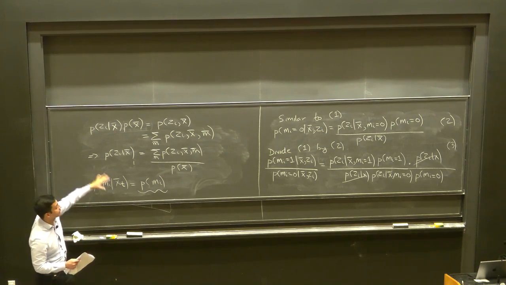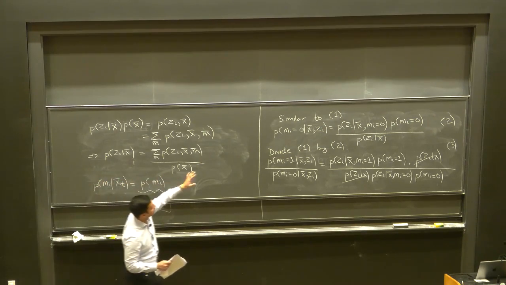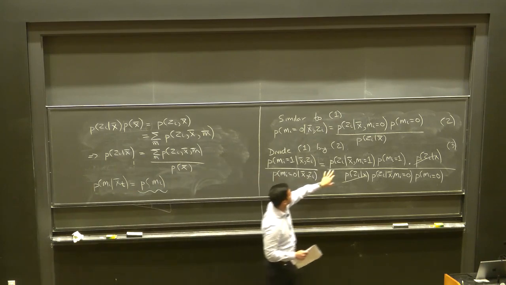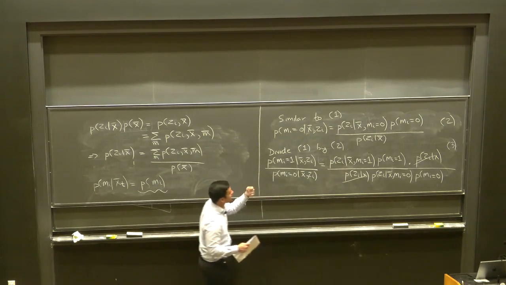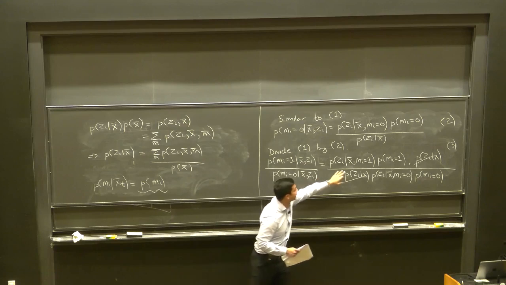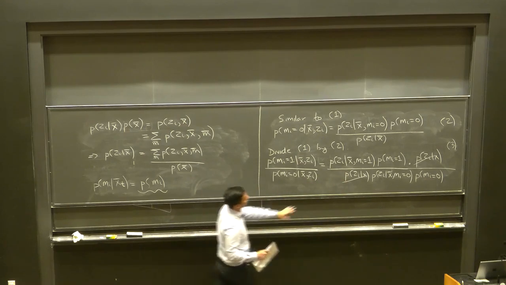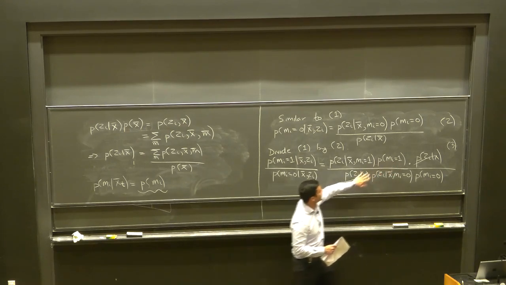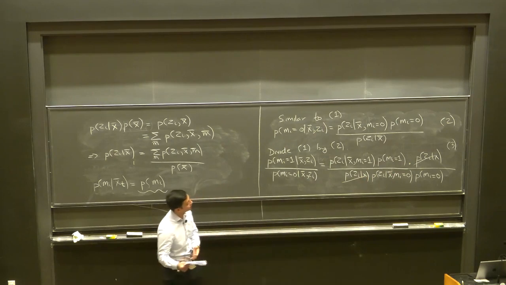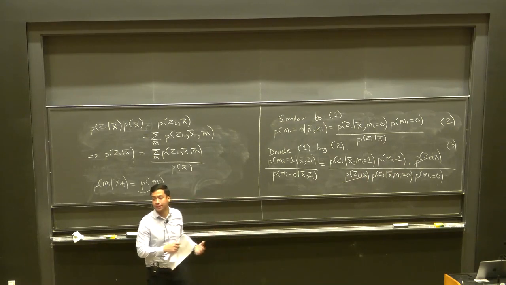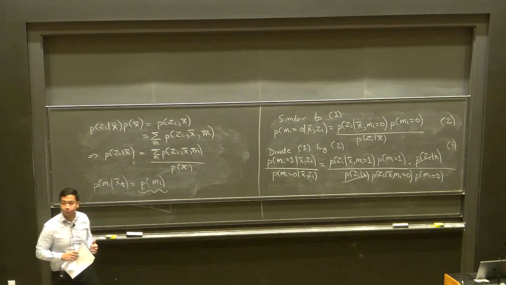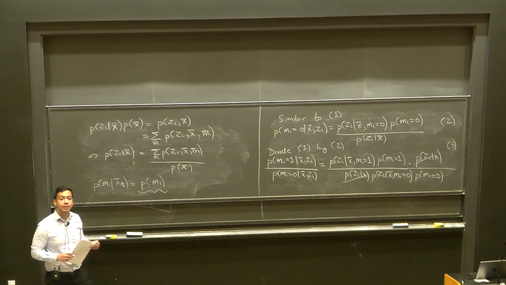The computations would be identical, except that it's z, the sensor measurement at the current time step, the state at the current time step, and this prior term is the belief before the current time step. Good. Other questions?